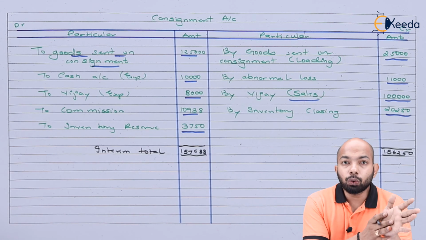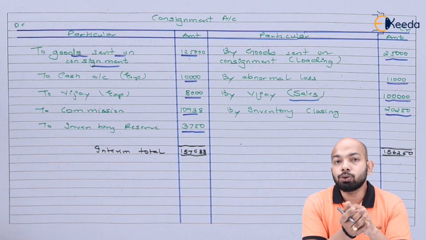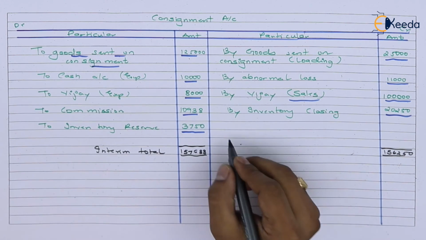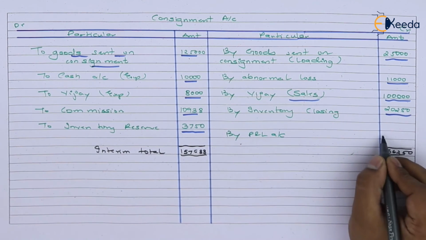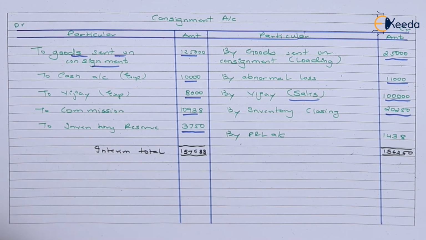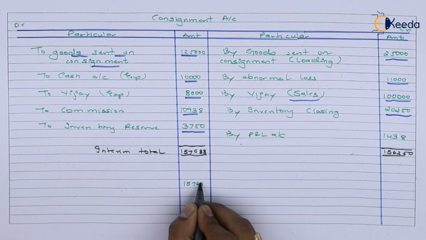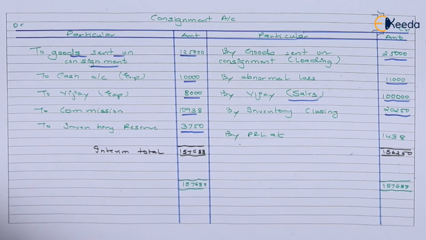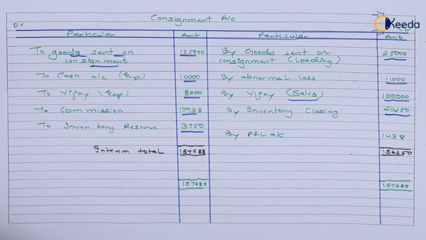So debit side total will remain the same. Credit side balance will be added there. The difference between them is 1438, and that will mark the closure of the consignment account. The interim total that has been calculated is only for your reference. You need not write the same in your exams. Now with this, we mark the closure of this consignment account.